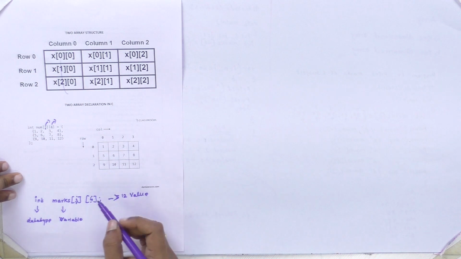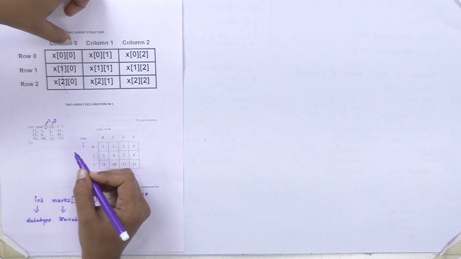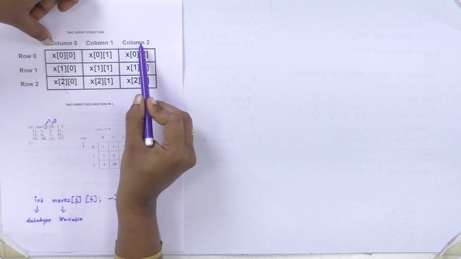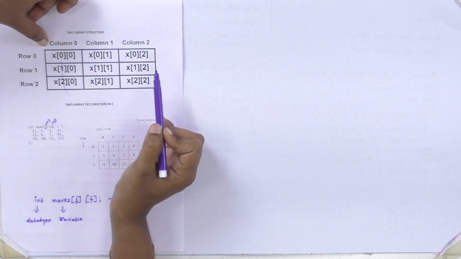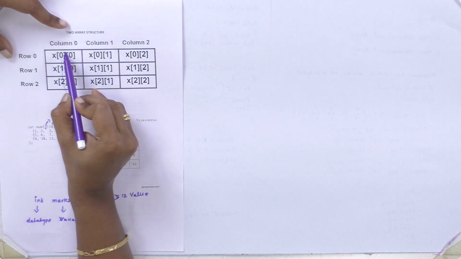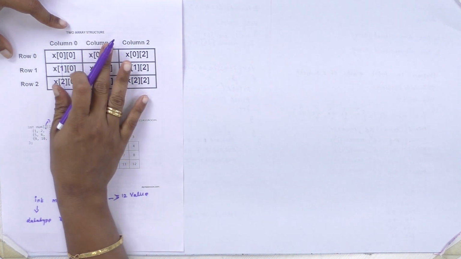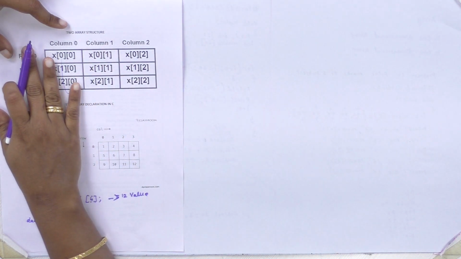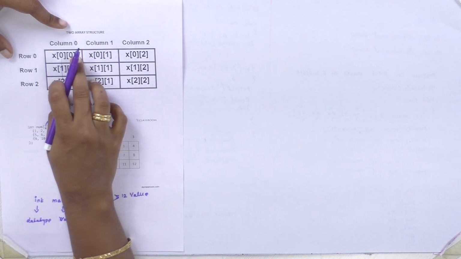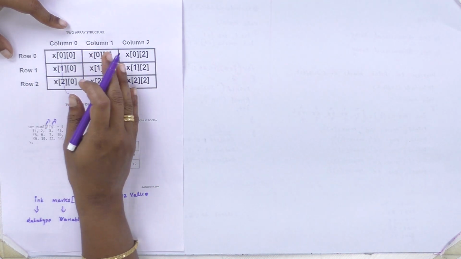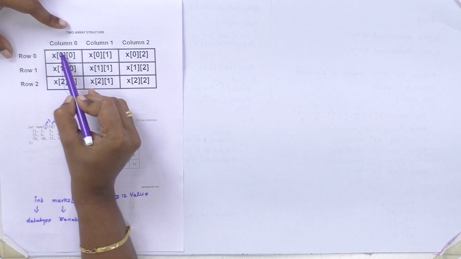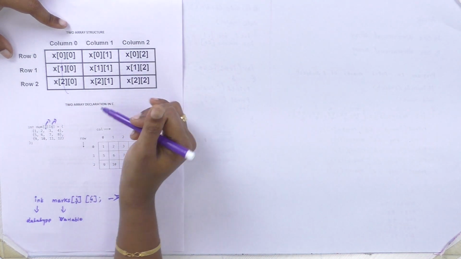So let me show. The values will be stored in the form of an array structure like this. In a single dimensional array we use the index concept, and here also we are using the index concept. By using the index value only, we are going to access the array values.